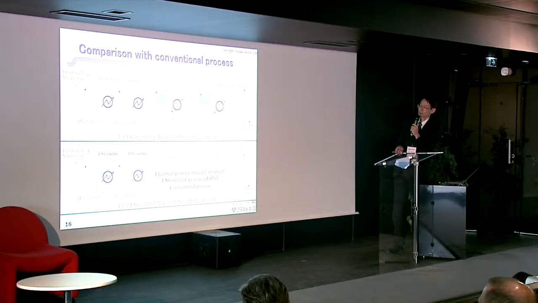But if we use LNG energy for cooling the nitrogen, we can omit these many stages and can produce liquefied nitrogen. This system consumes about 50%, half of the electricity compared to the conventional one.